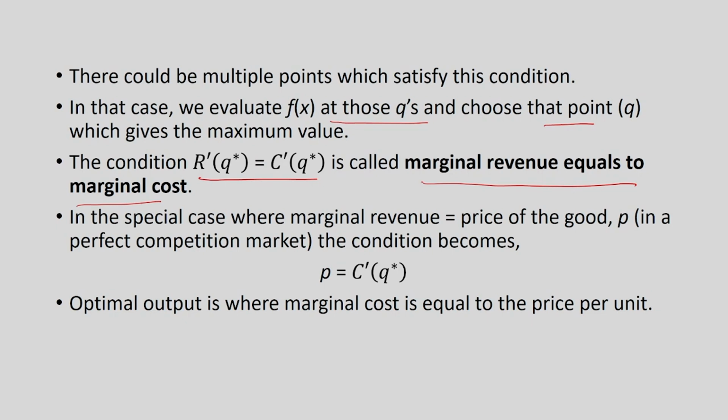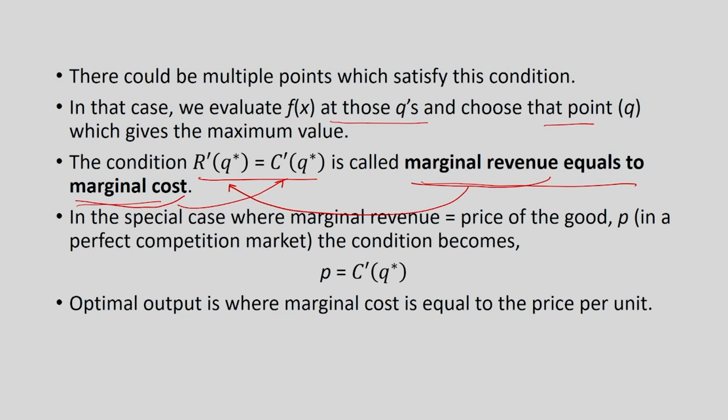The reason is, on the left hand side you have the marginal revenue and on the right hand side you have the marginal cost. So, that is why the optimal point is characterized by this condition where the marginal revenue is equal to marginal cost.